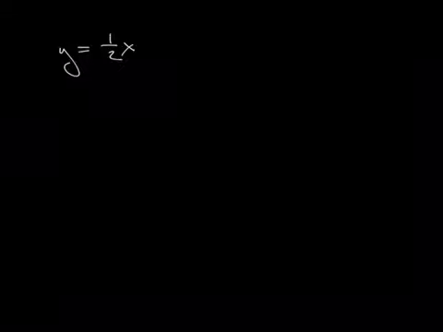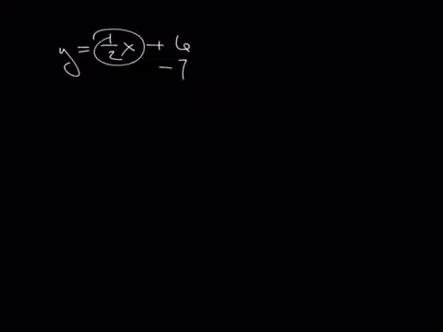So let's say that we have a function that's given by y equals 1/2 x. One of the things that you'll find out is that if we add or subtract a number to this, what it's going to do is it's going to shift our graph up or down on the graph.